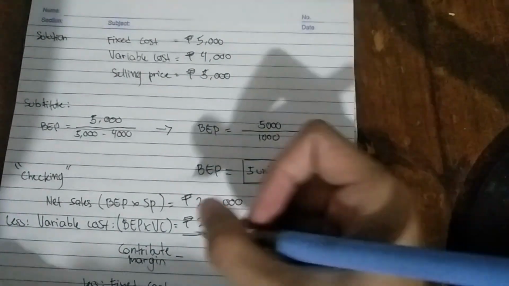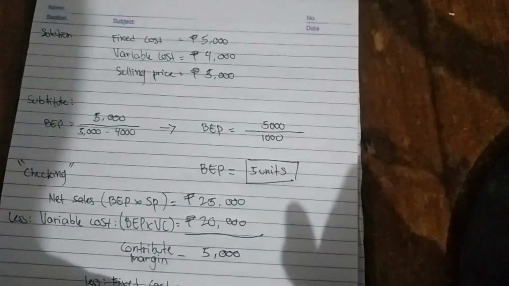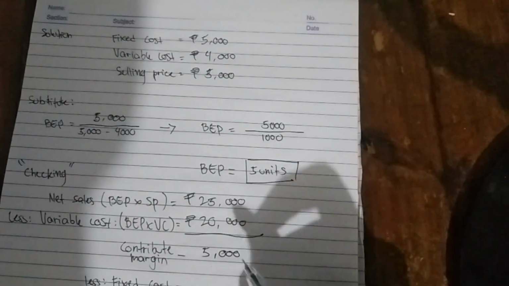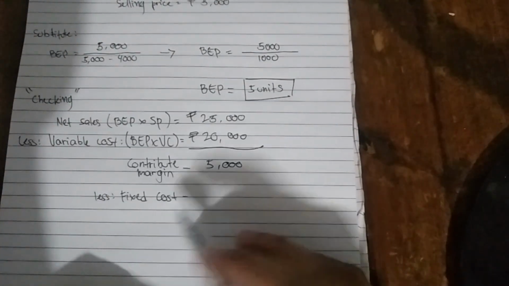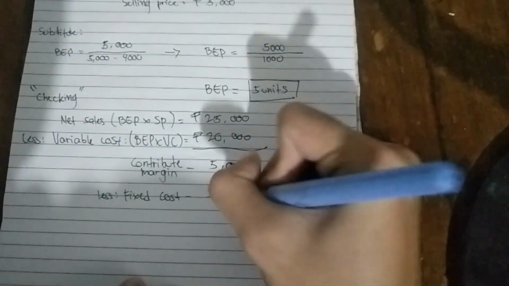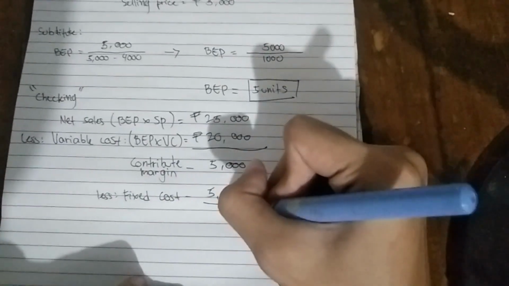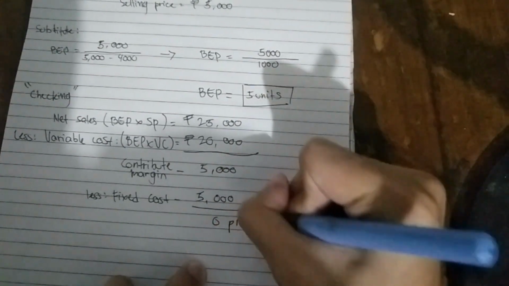Subtract. Now you'll get 5,000 pesos. Again, that's what you call contribution margin. And our fixed cost naman ay 5,000 pesos din. Subtract again, you'll get 0. 0 profit or 0 loss.